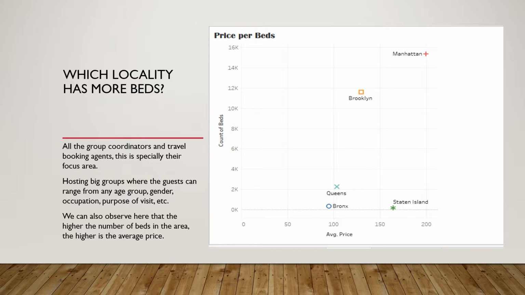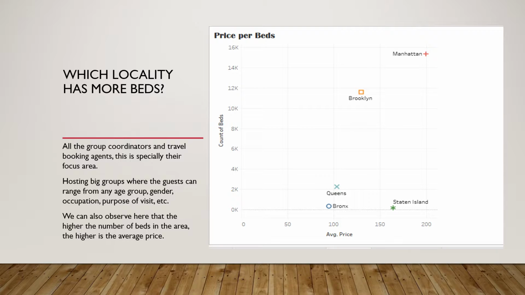We very well know that demand drives the prices, and we can clearly see that from this graph. Manhattan has the range of count of beds from 14,000 to 16,000, and we can see that the average price in Manhattan is around $200.